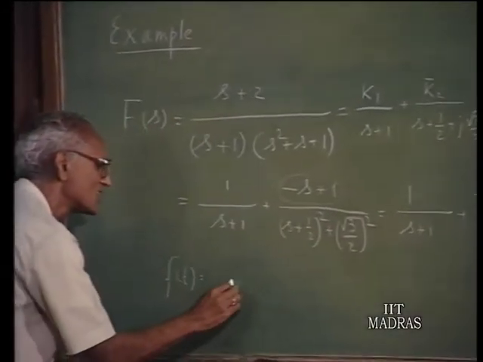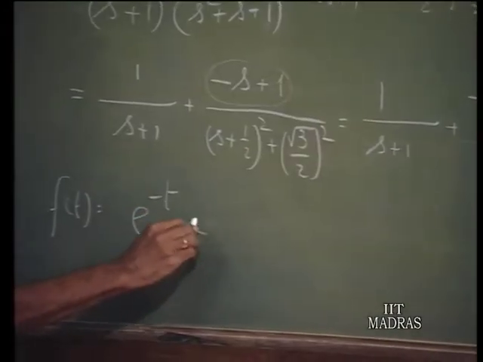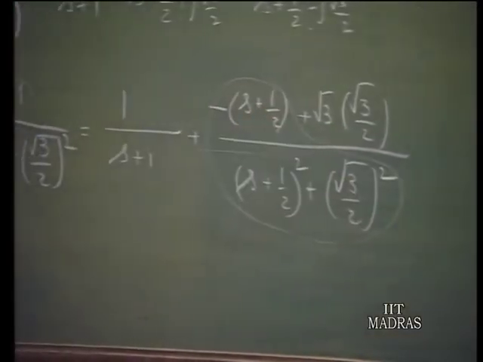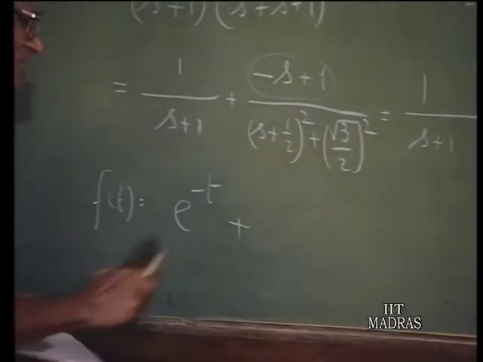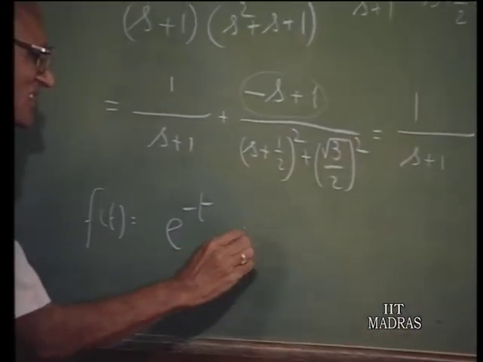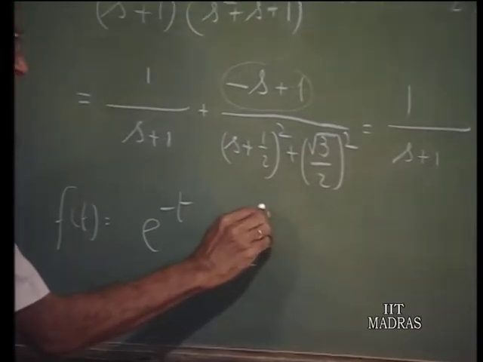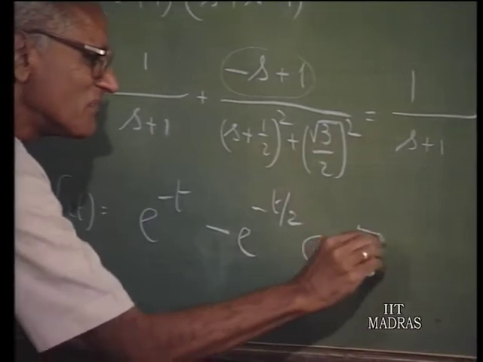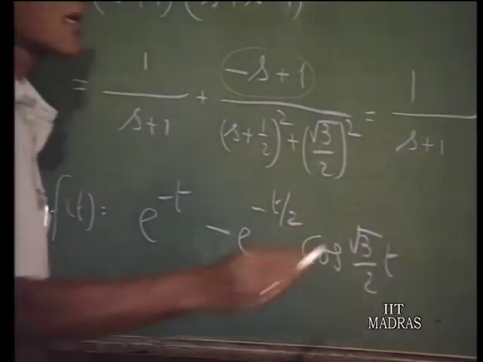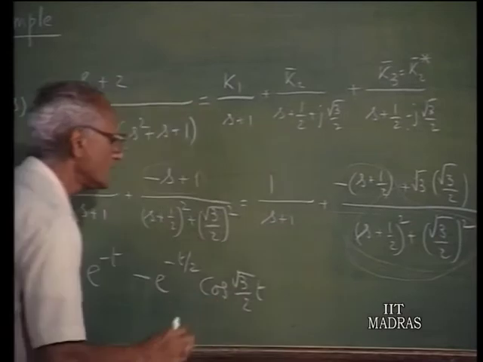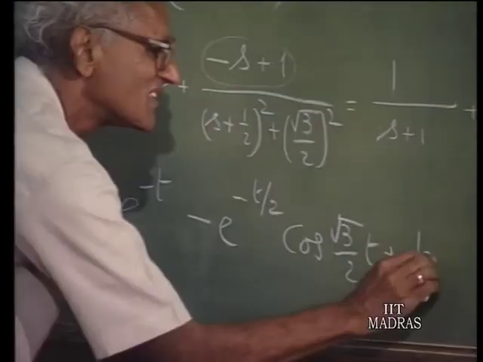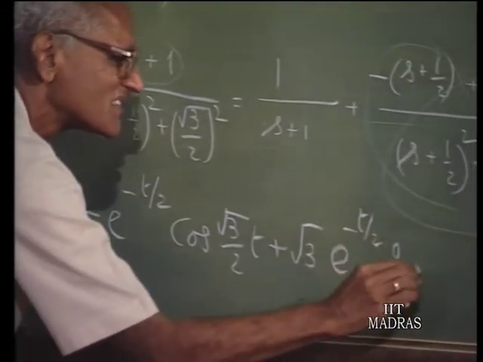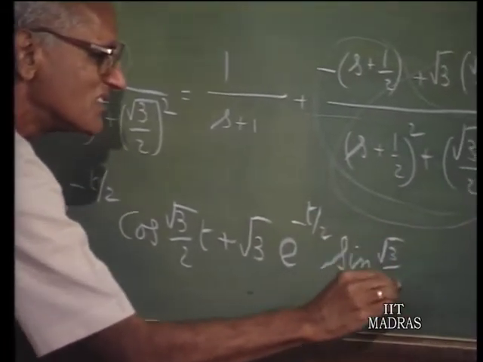You have e power minus t, corresponding to this term, you have minus e power minus t upon 2 cos root 3 upon 2 t, and corresponding to this term you have plus root 3 e power minus t upon 2 sine root 3 upon 2 t.